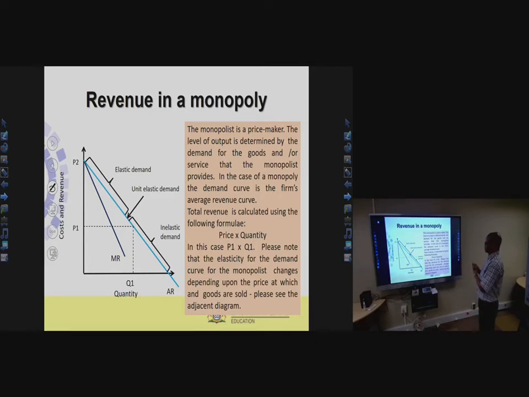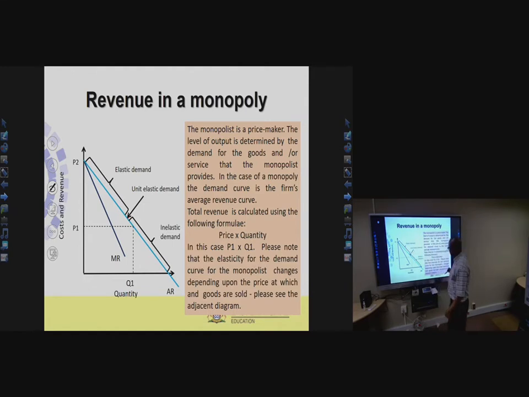At the center, you notice that you are having a unitary or unit elastic demand. Unitary means that the change in price and the change in quantity are the same in terms of magnitude.